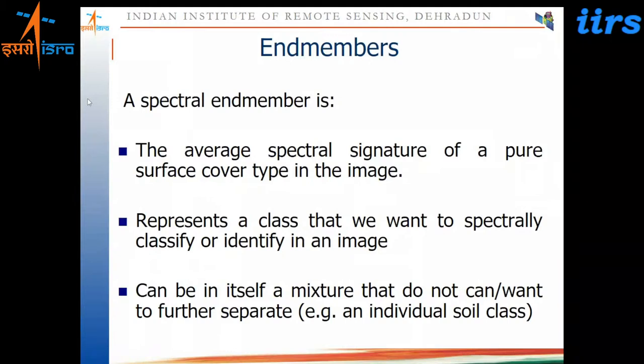We define those training sites in such a way that only these 3, 4 or 5 classes are present in the whole image, and then we classify the remaining pixels according to those classes.